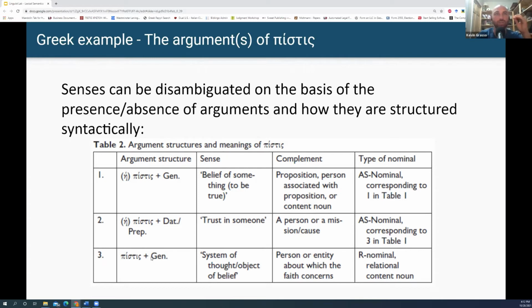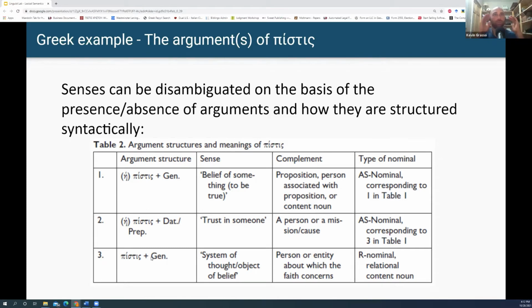So the point is that the way to tell what the meaning of the word is, is through syntax. You have to do your homework first to figure out how syntax relates to the meaning. But once you do that, then you can go to a new context and say, okay, what does it mean?